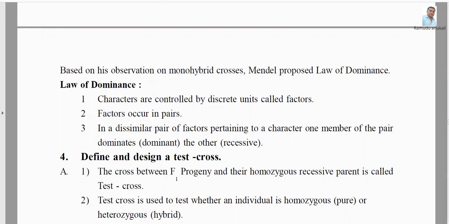Based on the above observations on the monohybrid cross, already I said monohybrid cross means a cross between 2 organisms by taking a single character. We have taken height there. So Mendel proposed the law of dominance.